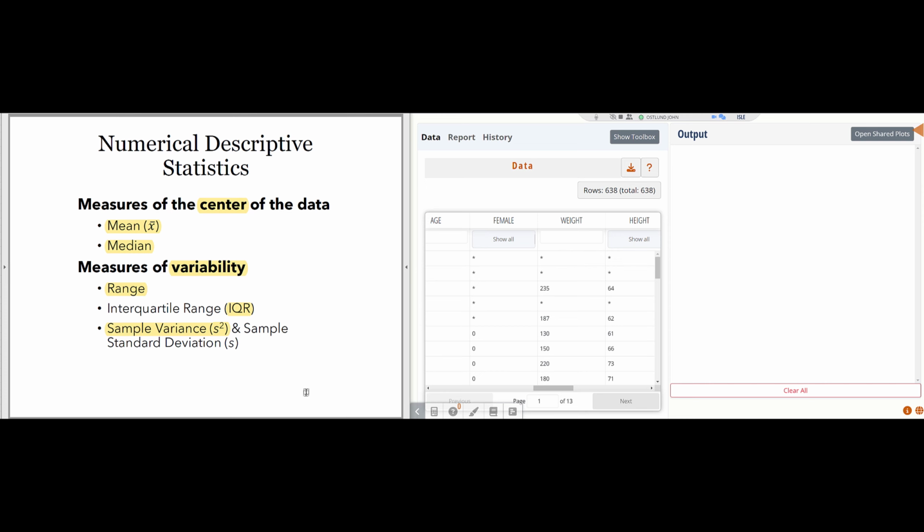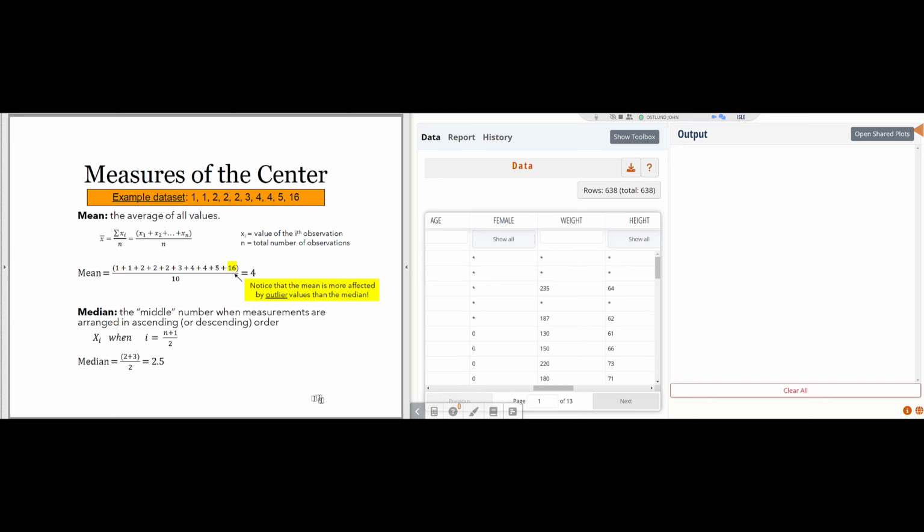And the square root of that is called the standard deviation. The sample variance is usually denoted as s squared, s for standard deviation, and s squared is the square of that. And then the standard deviation is the square root of the variance.